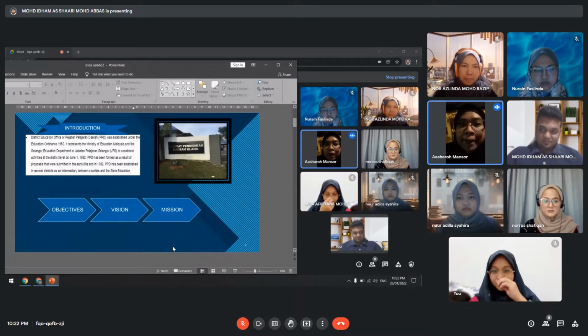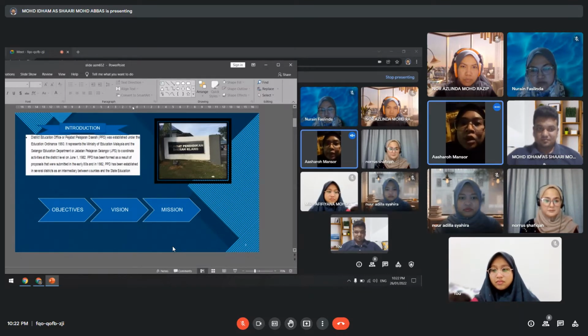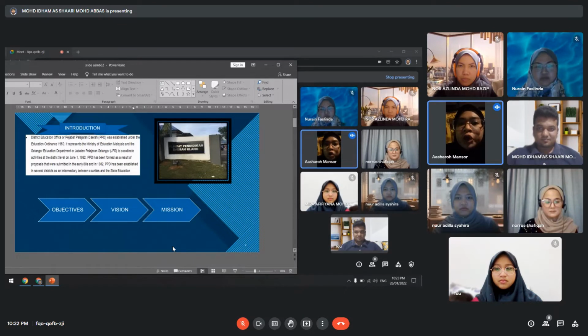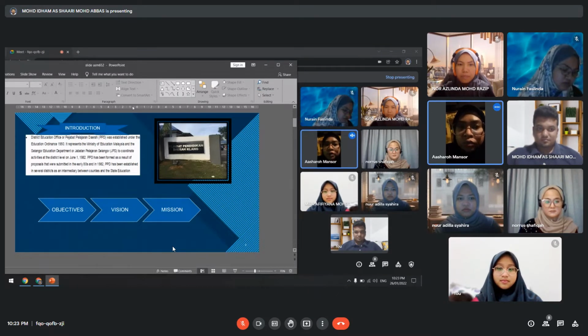We chose PPD Klang. PPD Klang is the District Education Office, or Pejabat Pelajaran Daerah, known as PPD, established under the Education Ordinance 1950. It represents the Ministry of Education Malaysia and the Selangor Education Department, or Jabatan Pelajaran Selangor, known as JPS, to coordinate activities at the district level on June 1, 1982.